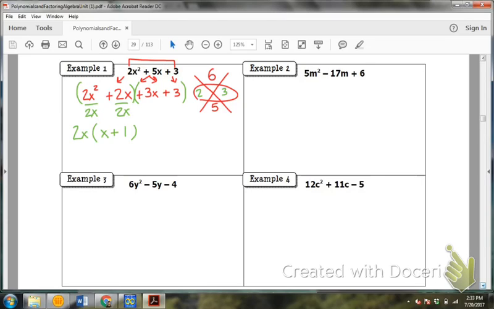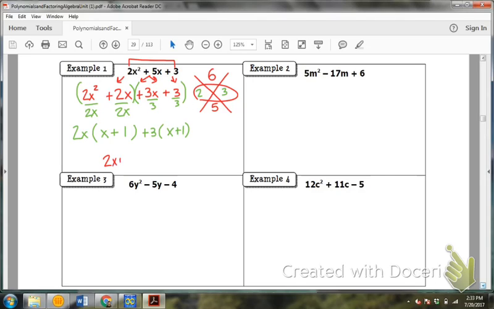What are we going to pull out of that second group? 3. Good. And where does that 3 go? On the outside. Make sure you put plus 3. Otherwise, you're not going to have a sign when it goes to combine. What does that leave you with? x plus 1, right? Okay, and our final step here.